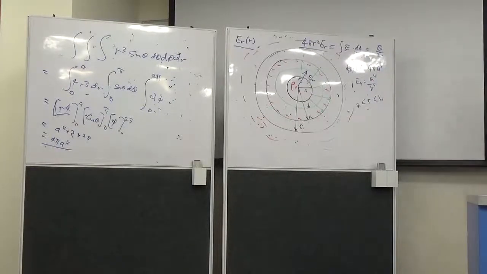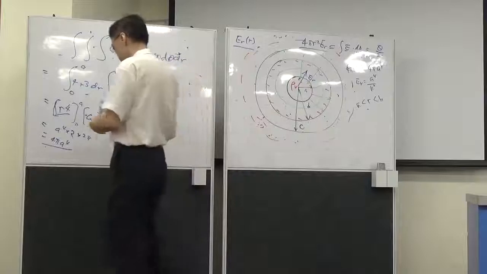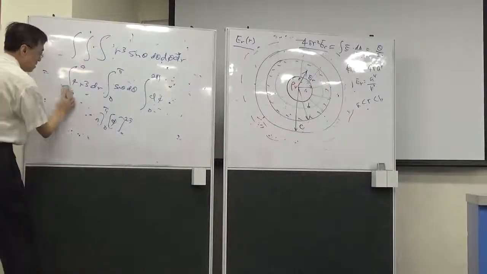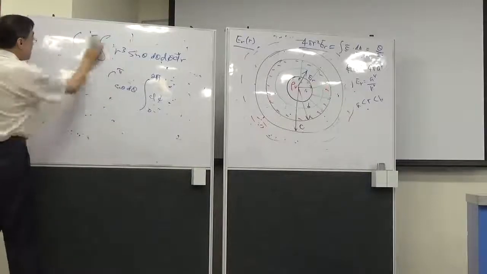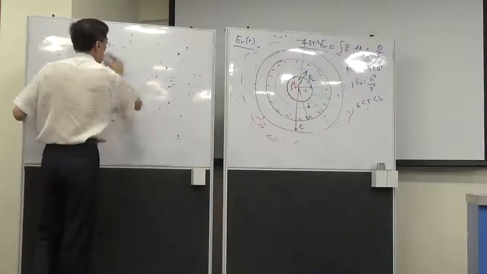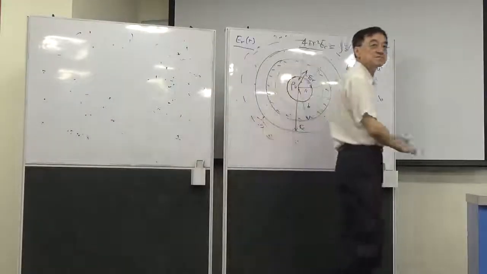So ER equals 0 for R greater than C. Alright, any questions?